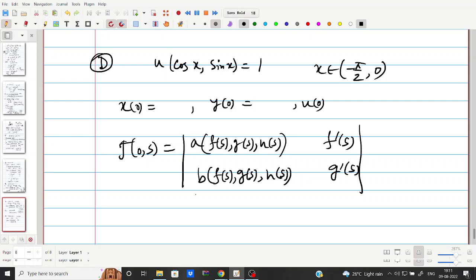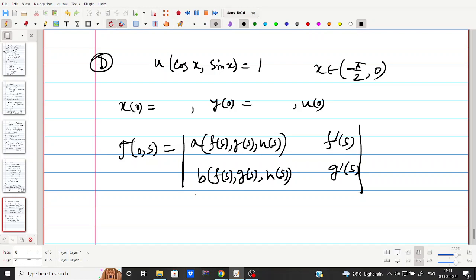It is minus sin s. What is b? B is y, sin s, and what is g dash s? It is cos s. So what is this? This is 1 minus sin s cos s. So this is cos s plus sin square s, right?